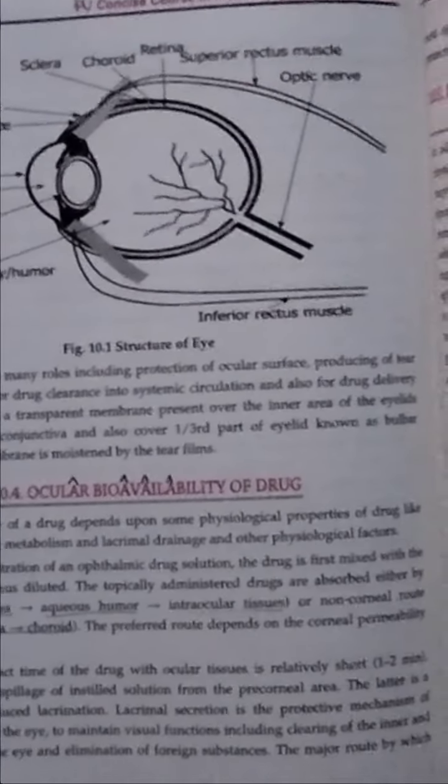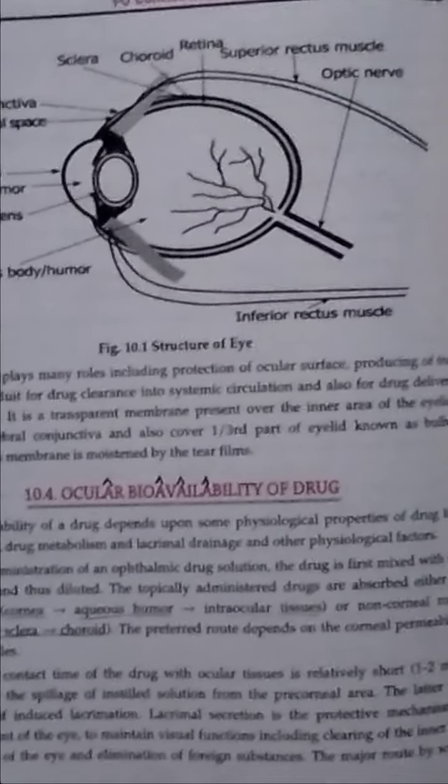In the eye, the conjunctiva plays many roles, which include protection of the ocular surface and producing lacrimal fluids.